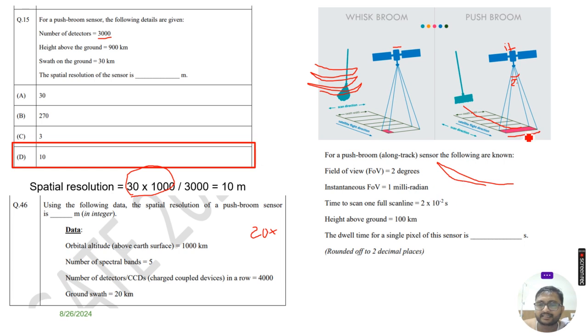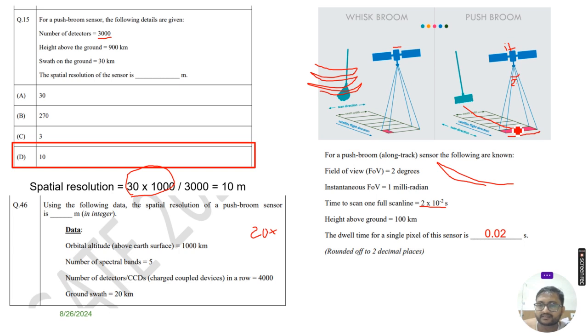So it doesn't matter whether it is collecting the data of one line or one pixel, because it is collecting it at the same time, in just one go. So whatever time is given here, 2 into 10 raised to minus 2, it will be the same, 0.02, because it is covering the entire thing at once. Did you get my point?